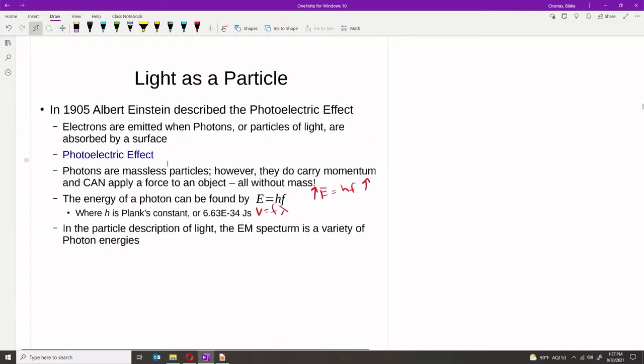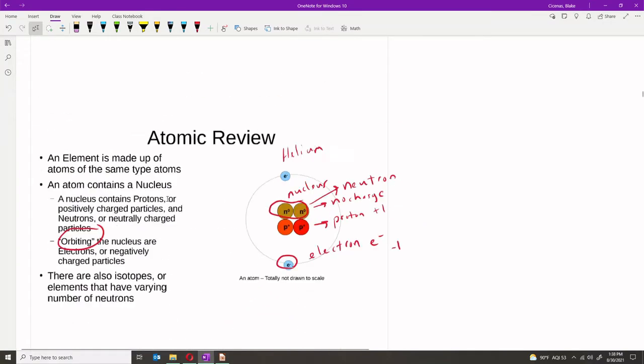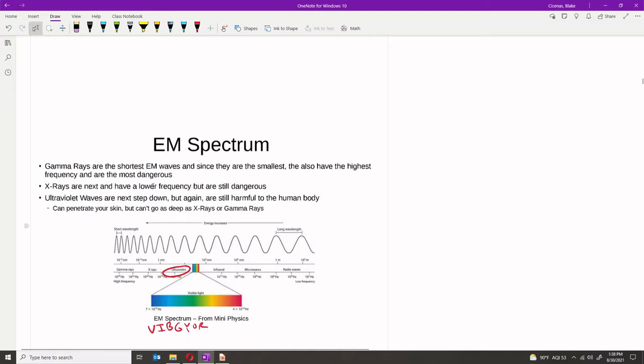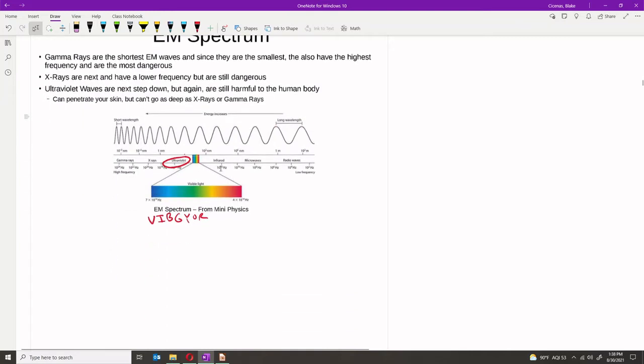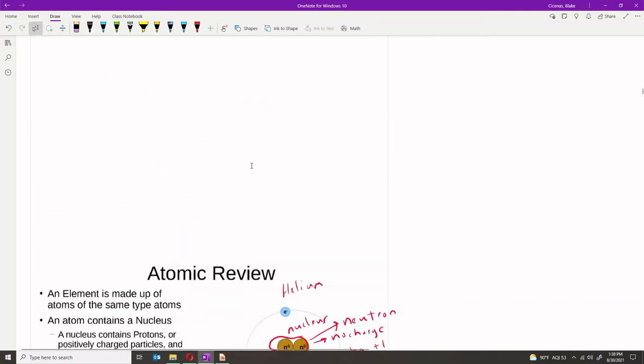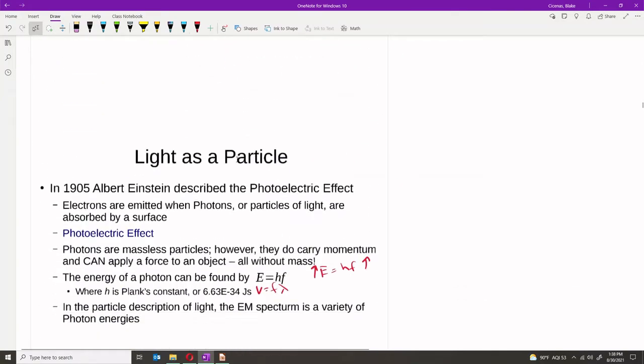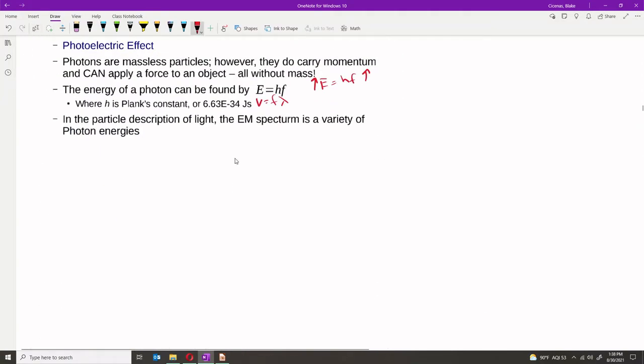And then in the particle description of light, the EM spectrum is a variety of photon energies, which is exactly the particle picture we've talked about. Each of these we talked about as electromagnetic radiation, but you could also think of it as a particle. This is called particle-wave duality: light is both a particle and a wave, and you can think of it as both.